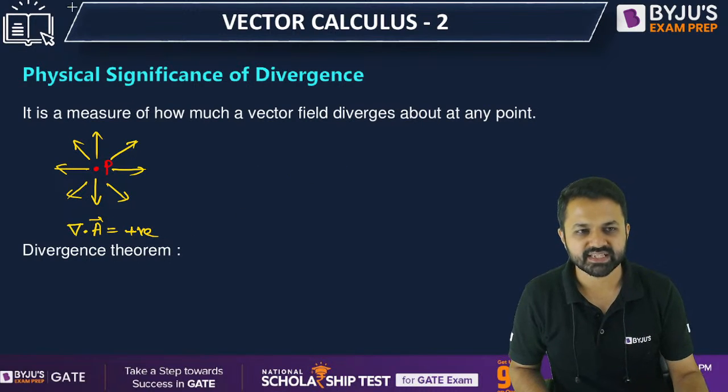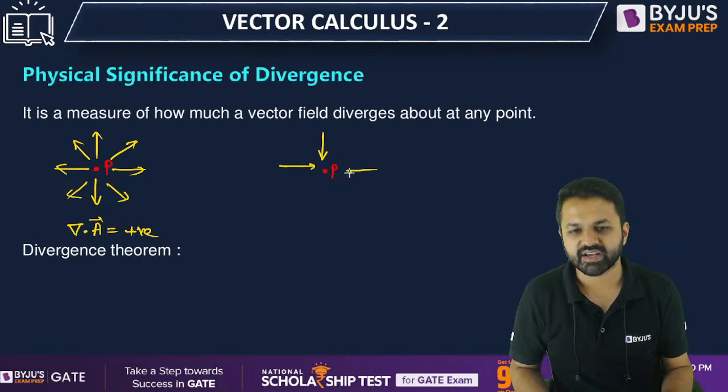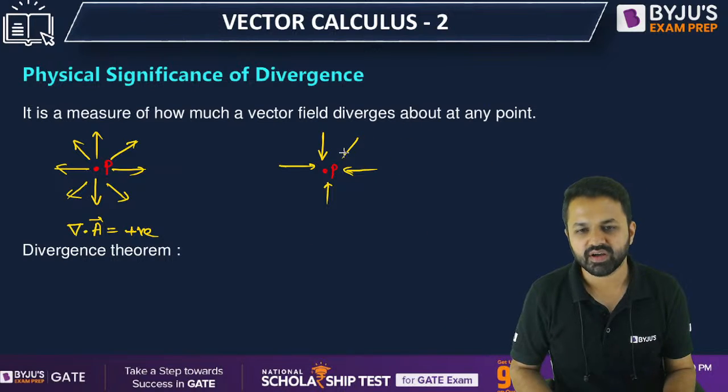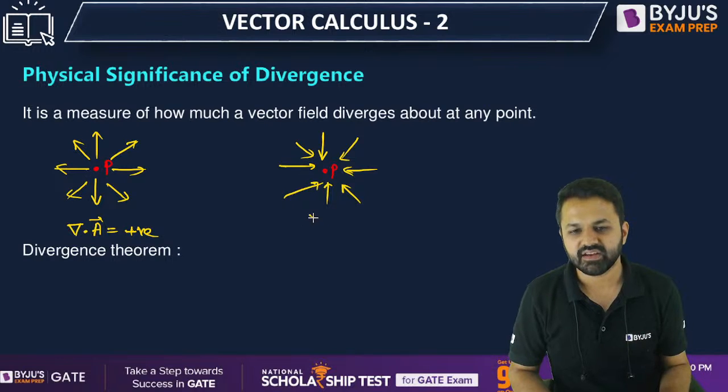And suppose at the same point P, the field lines from some vector quantity placed at some distance are coming inside this point P. Then when you calculate the divergence at that point, the answer will be negative.